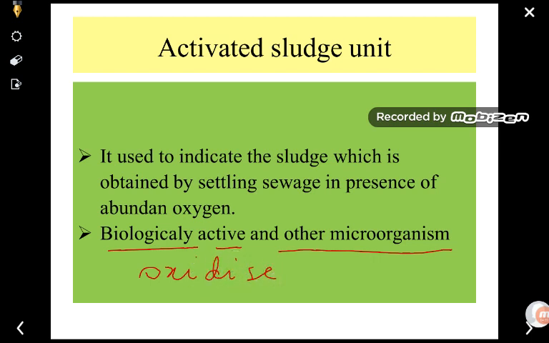These organisms, the bacteria and other microorganisms, have the property to oxidize the organic matter. They are given sufficient oxygen so that they can oxidize or form a new stable compound which can be precipitated, and then this sludge can be obtained.